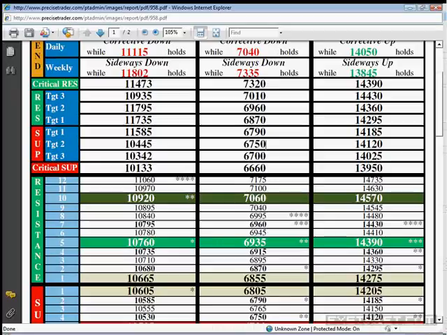These numbers have been derived from so many technical tools which we use. Of course, we use Fibonacci numbers, which is one of our favorites, and we use Gann numbers. We use trend channel. Like earlier on, I showed you a channel for you to see where the levels are coming from, and of course we use a pitchfork. So these are the tools we use before we get to these numbers.